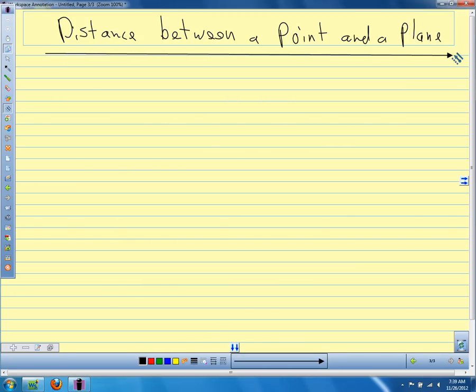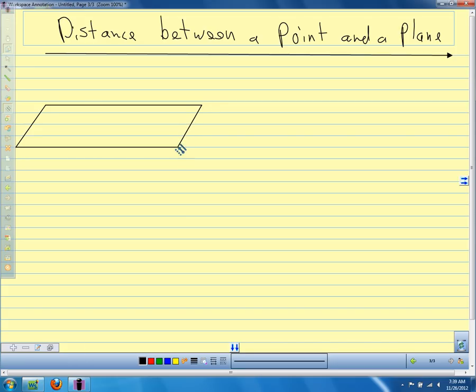So let's draw a picture, and our picture will give us some motivation as to how we're going to proceed with this. So here's our plane. Here's our normal vector.